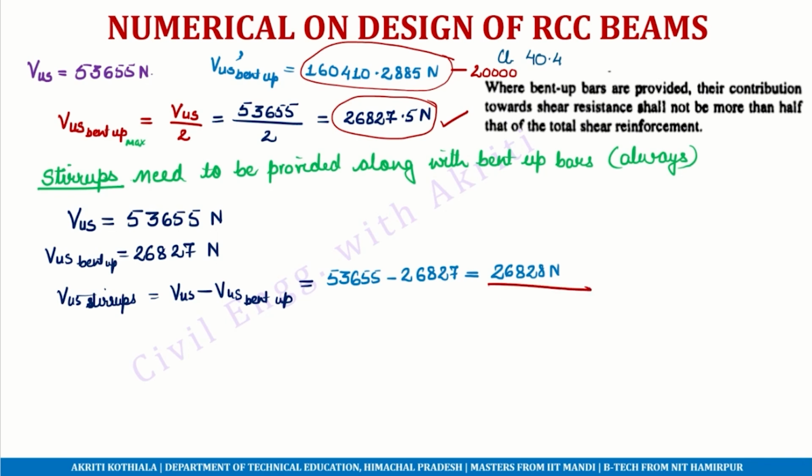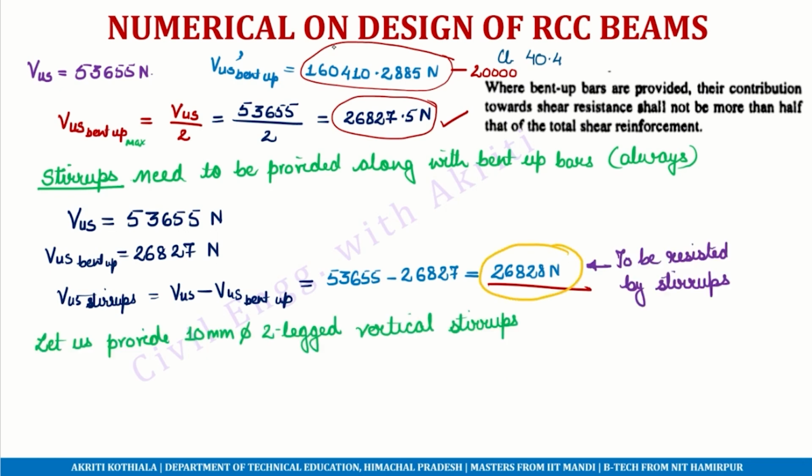Now we can simply design the stirrups corresponding to this shear force. So let us provide 10 mm diameter two-legged vertical stirrups for the remaining shear force. From clause 40.4, we have VUS for vertical stirrups equal to 0.87 Fy ASV D upon SV.